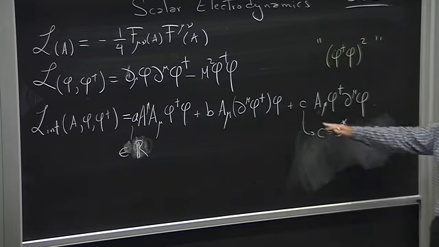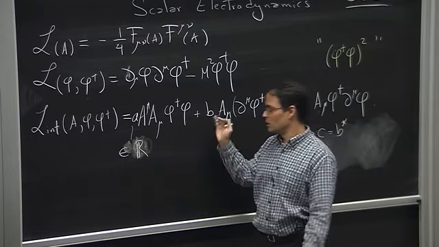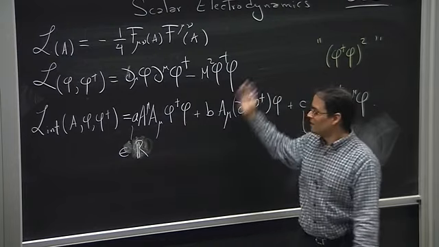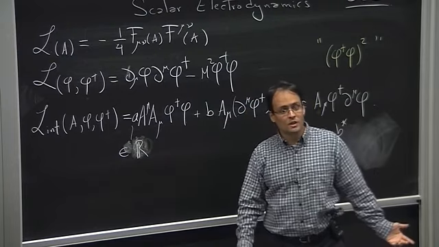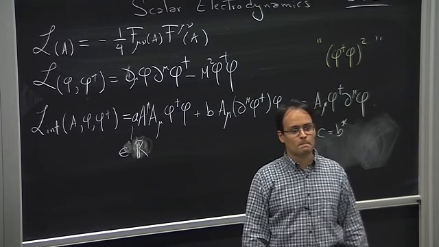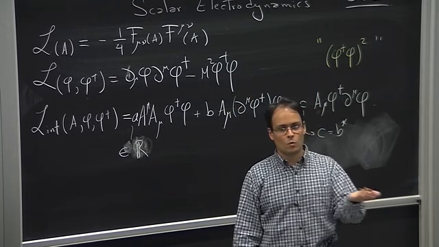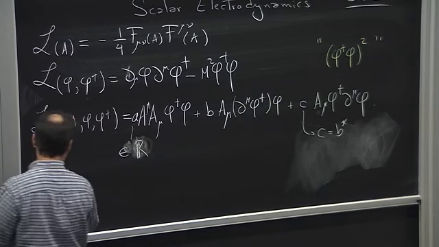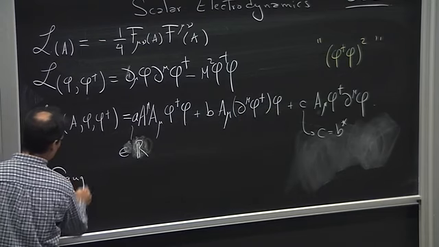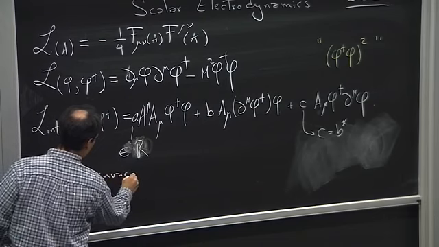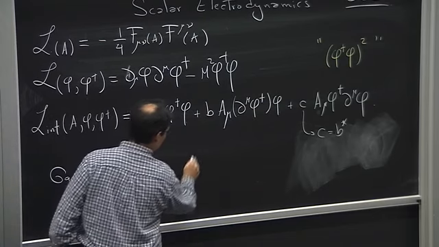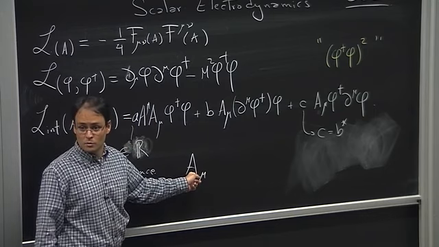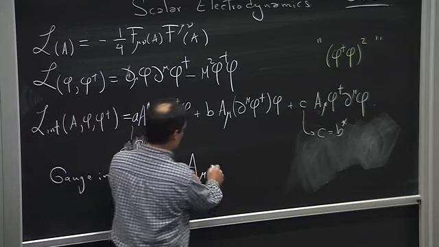So what if we keep B and A completely arbitrary? This theory will not be gauge invariant, right? What do I mean by gauge invariant here? Well, we have to impose gauge invariance, because we know that this guy has too many degrees of freedom.